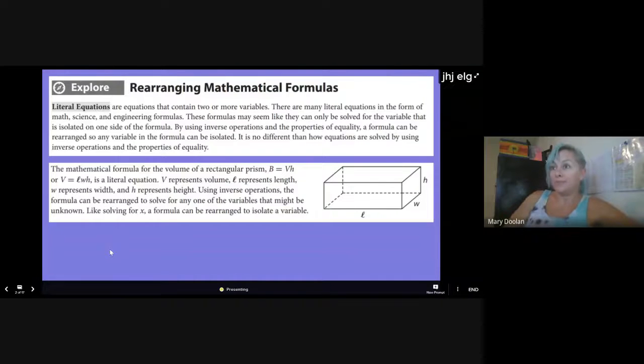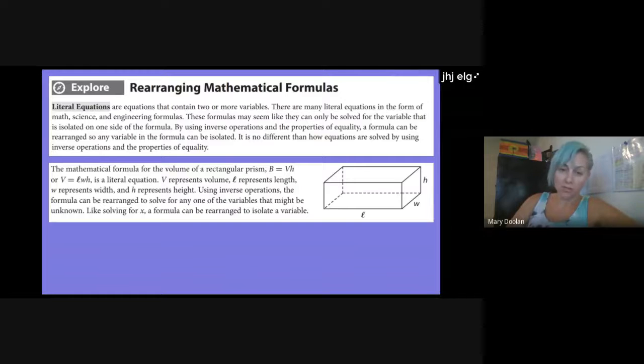We can use inverse operations to rearrange formulas because they don't have to stay the way they're given to us. The way it's given to us is solved for volume, but maybe we're given the volume and we want to figure out the width or the height instead. So we can rearrange a formula using rules that we already have for solving regular equations. We use those same rules about isolating a variable.